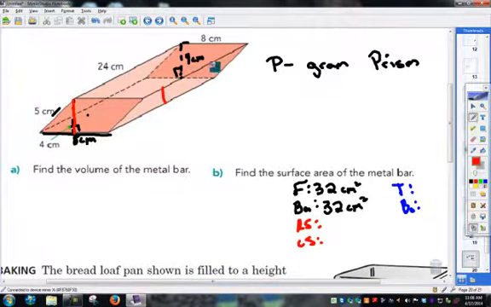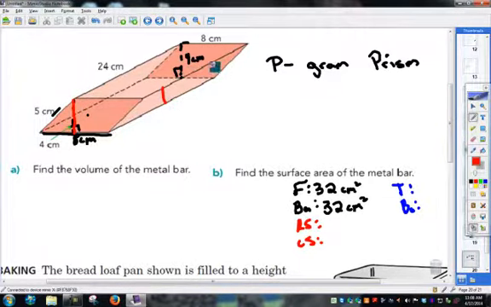How do I know what it is from right here to right here? Well, again, same definition. Parallelograms have opposite sides parallel and congruent. So if this is 24 right here, then I know that this is 24. So I'm going to do 24 times 4, and I'm going to get 96 centimeters squared. Now I'm ready to do the top and the bottom.